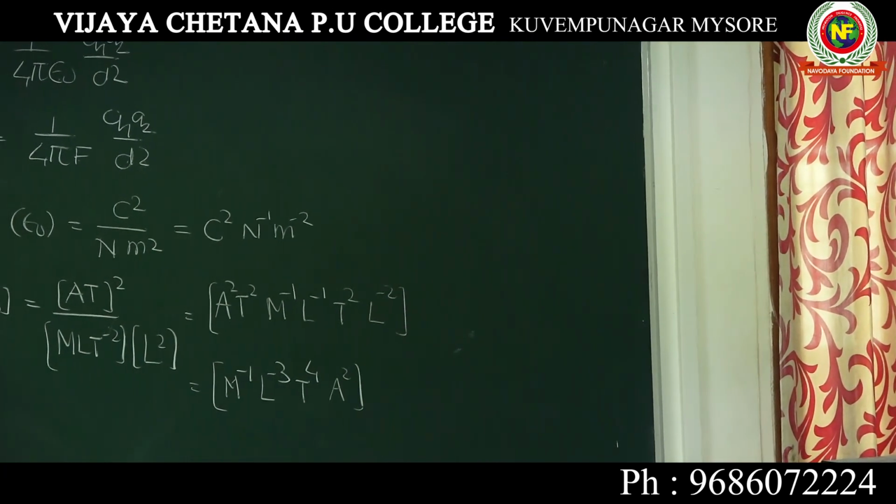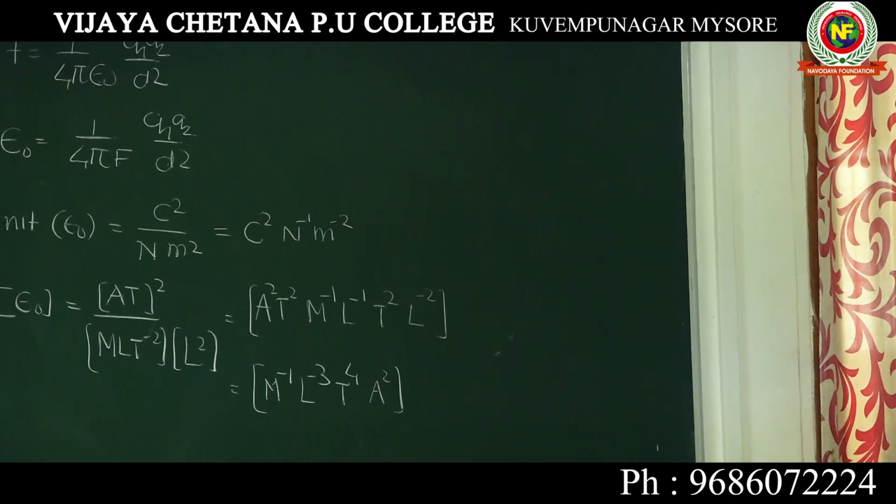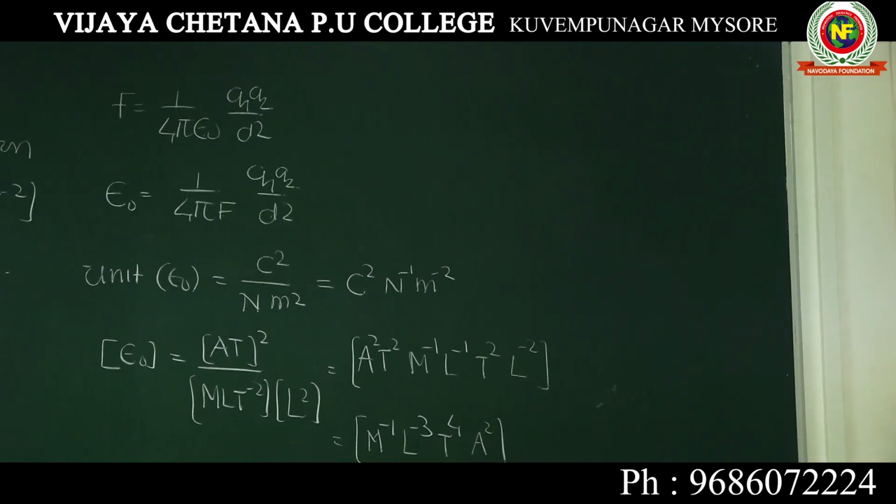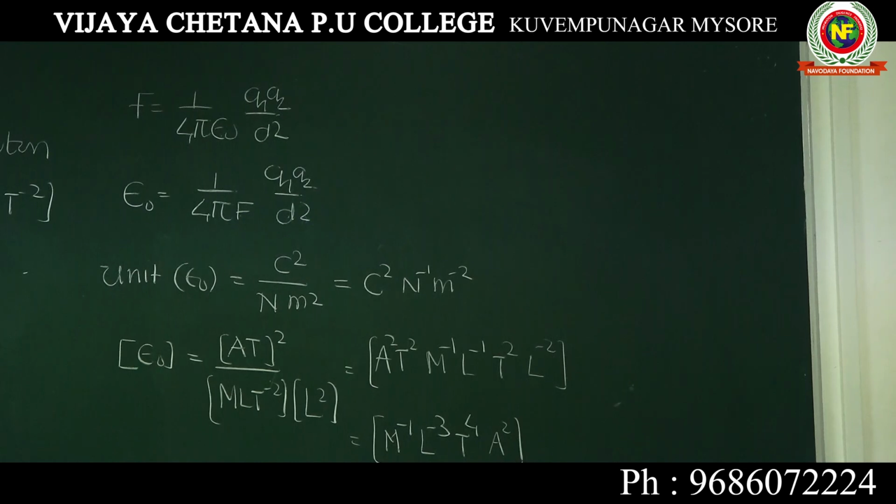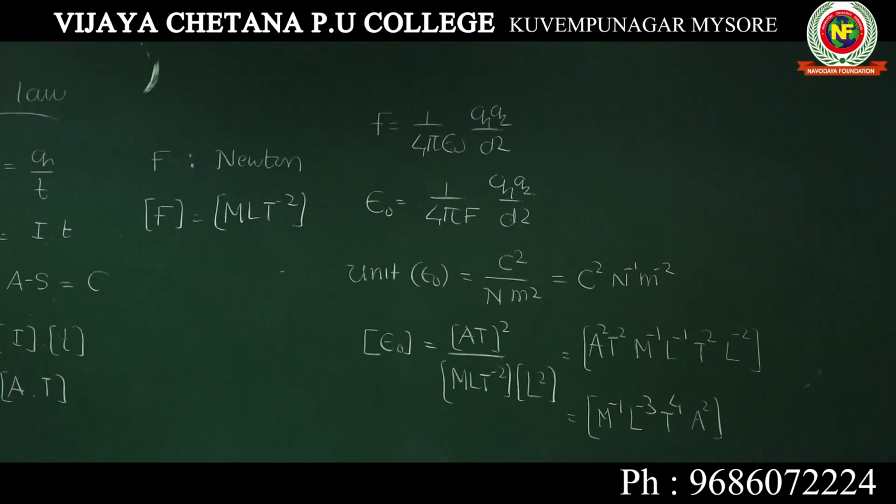Therefore finally you end up with M minus 1, L minus 3, T4 and A square. That is the dimensional formula for permittivity.